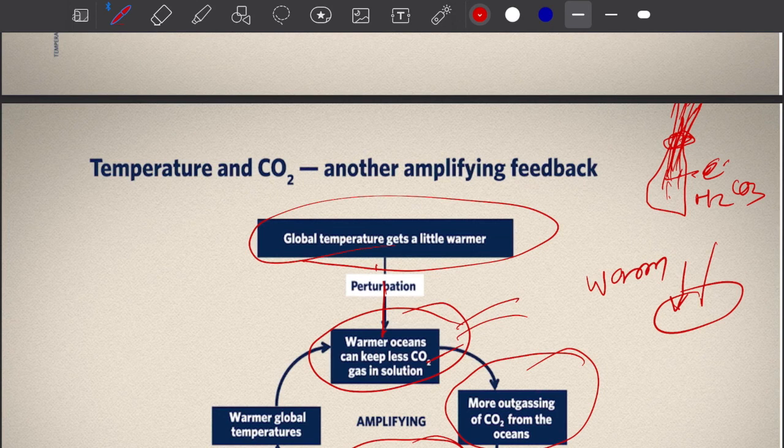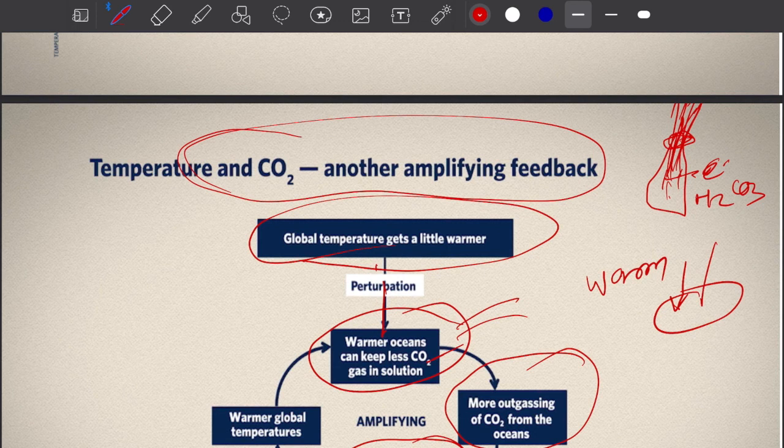Is this clear? So this is called the CO2 amplifying feedback effect. Okay. Here you can see that an increase in temperature of one thing increases CO2, and this increase in CO2 leads to an increase in the greenhouse effect. It leads to a global temperature increase.